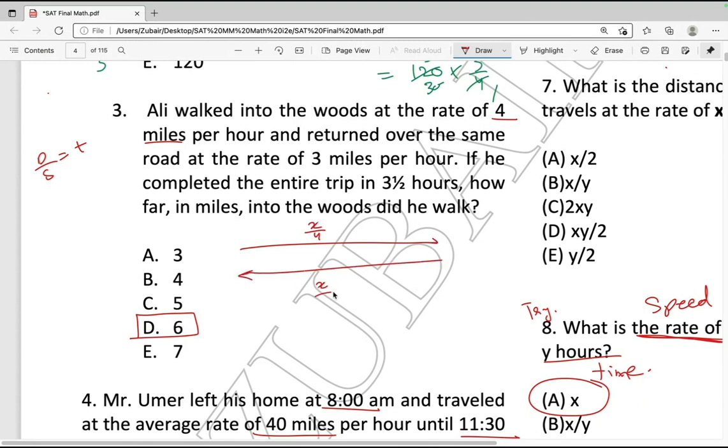Distance is still the same, but the speed is different. Now this was actually time one and time two. In the question, we are given the total time. So x by 4 plus x by 3 is equal to 3.5, and when we solve for it, x comes out to be 6. So he went 6 miles into the woods. Be careful with the words. Sometimes the examiner would say what is the total distance. In that case, it would be 12.